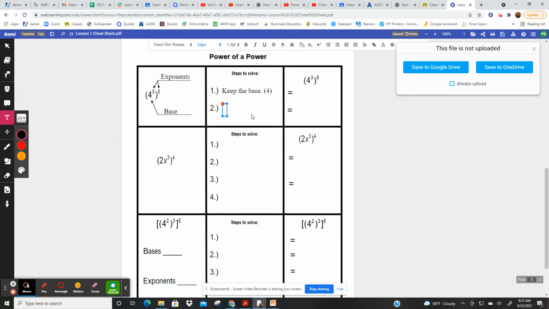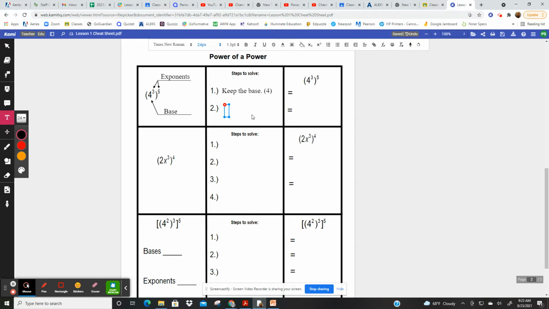And then step 2, since we're using the power rule, that is going to be multiply the exponents. And those exponents are 3 times 5.